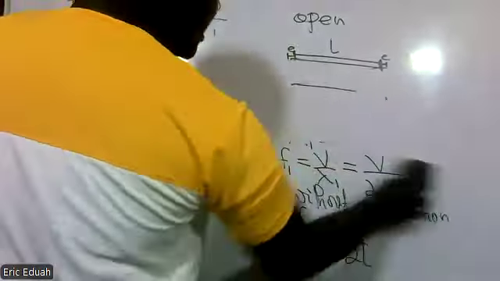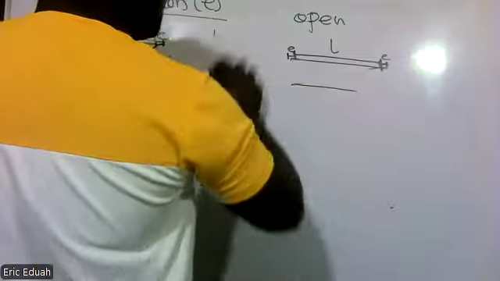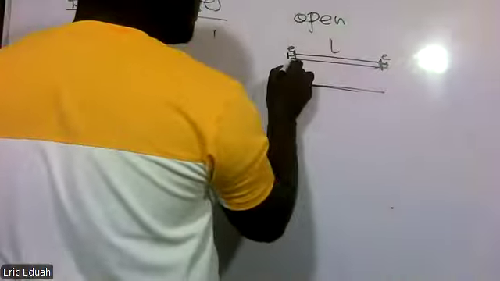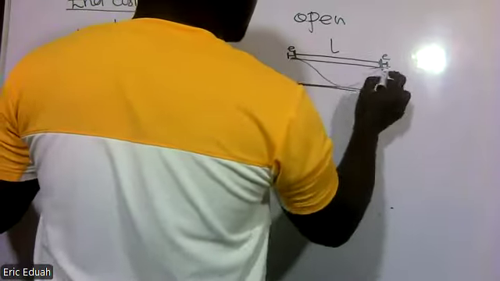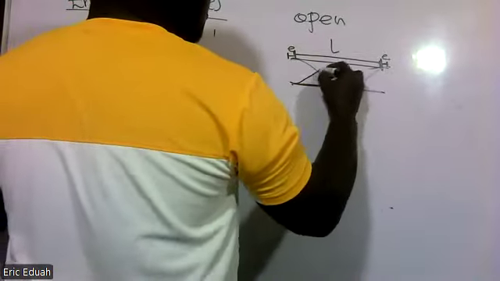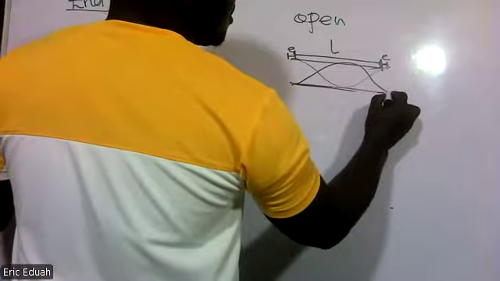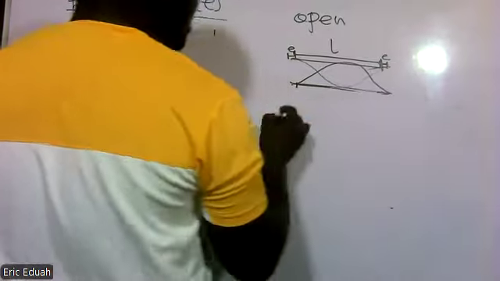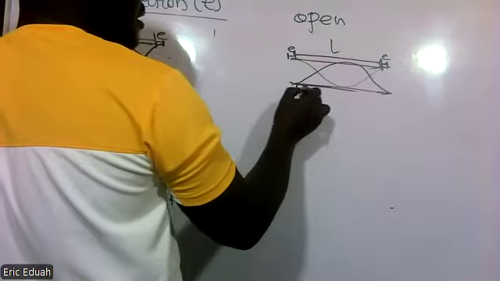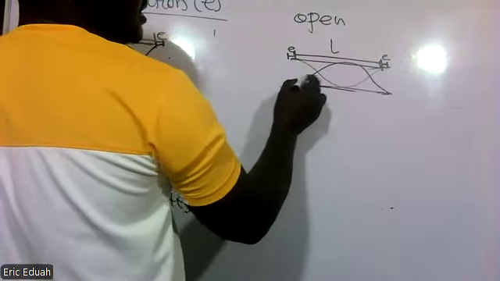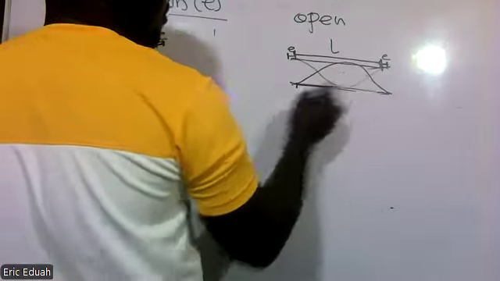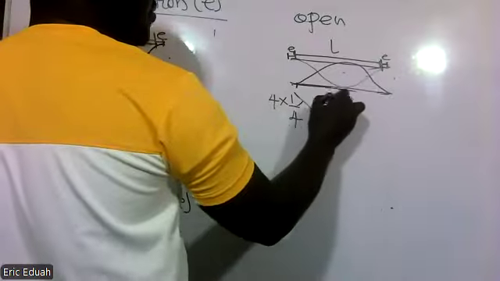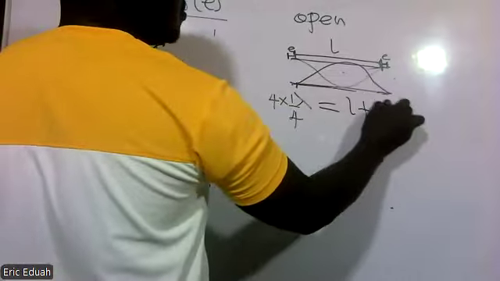Then for open tubes, the second note or second harmonic, when there is a consideration for end correction, would also be of both end corrections, but the wavelength, which is 1, 2, 3, 4, 4 times quarter lambda, will be equal to L plus 2E.